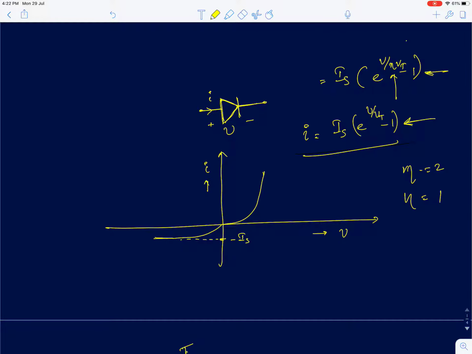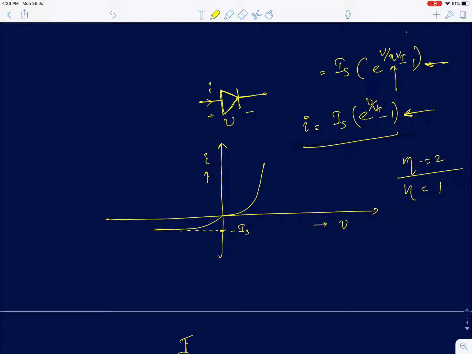Under those ideal assumptions, eta doesn't figure in this equation. But when you assume that there is recombination and so on, then we have to include a factor called eta, the ideality factor. And for silicon it turns out it is 2, and for germanium it is 1.